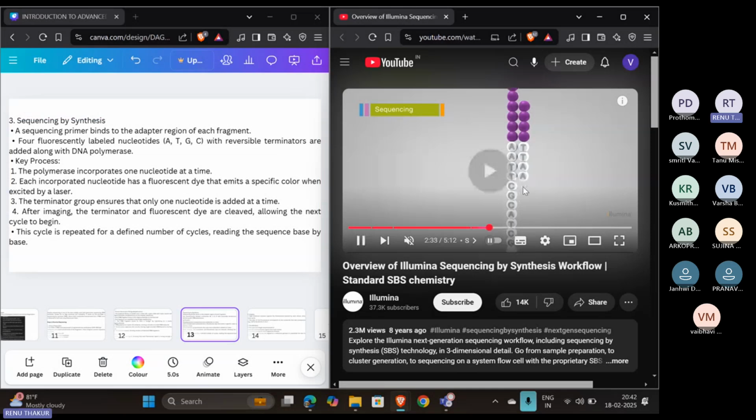So every time these nucleotides are added one by one, it is emitting a specific color of light. When blue light is emitted, you know that adenine is present at this position of the DNA fragment. Suppose when green is emitted, you know that guanine is present. That is how we are determining the sequence of the strand.